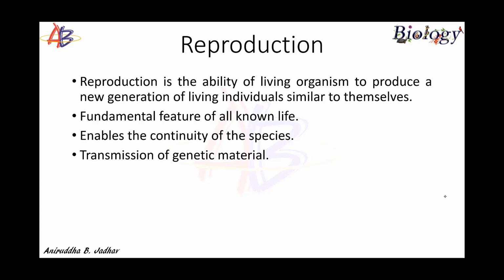And this transmission of genetic material mainly decides the blueprint of all living organisms, all living species, their similarities as well as their differences. Now, I want you to recall that concept of lifespan, where I said that in every species of living organism, the lifespan is a specific characteristic.